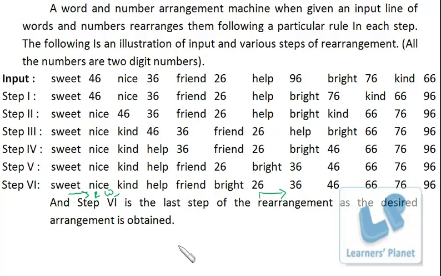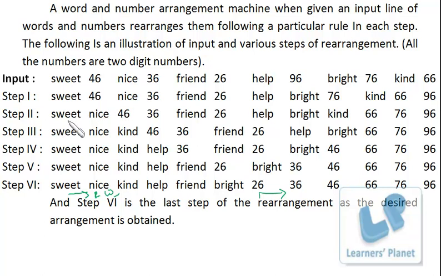So this is the input step, and the second input after step 1, sweet 46, we can see the change over here. 96 is shifted to the last place. That means no other change is there except 96 is shifted to the last place. So in step 1 the largest number is placed at the last place.